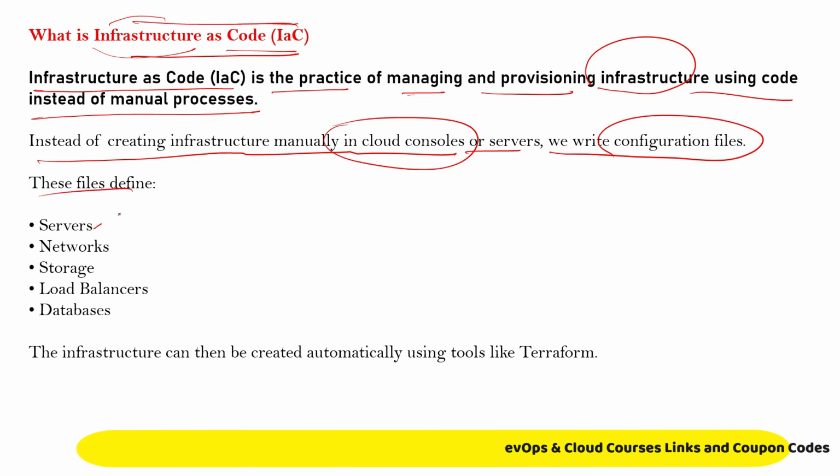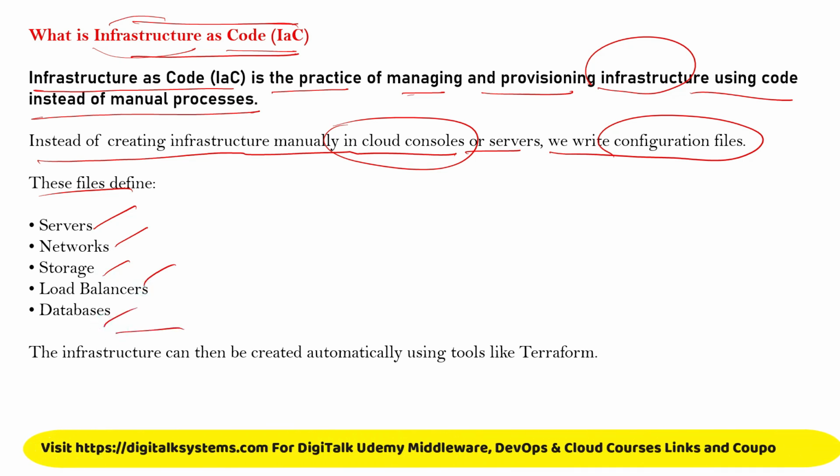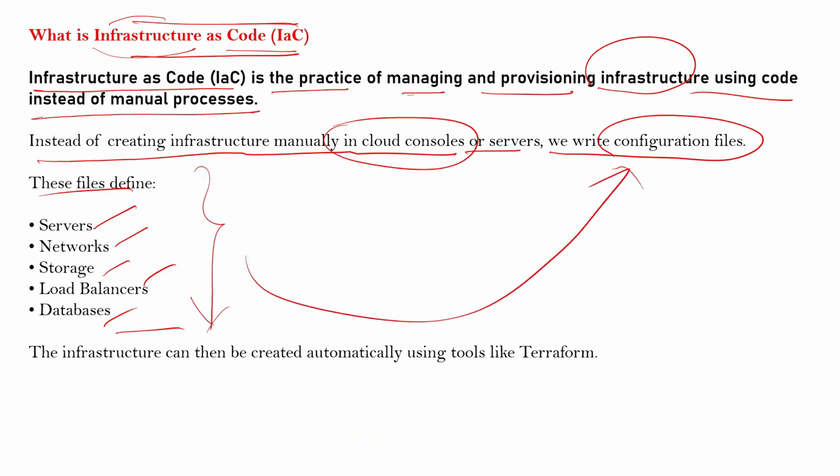These files can define servers, network, storage, load balancer, database, and other configurations, whatever services are provided by a particular cloud service provider. All the services we can configure with the help of these automated configuration files.